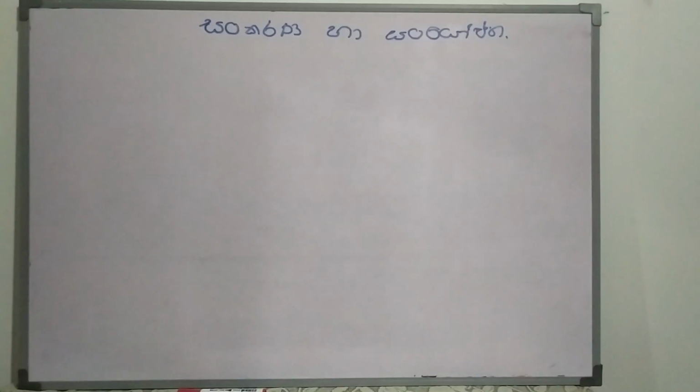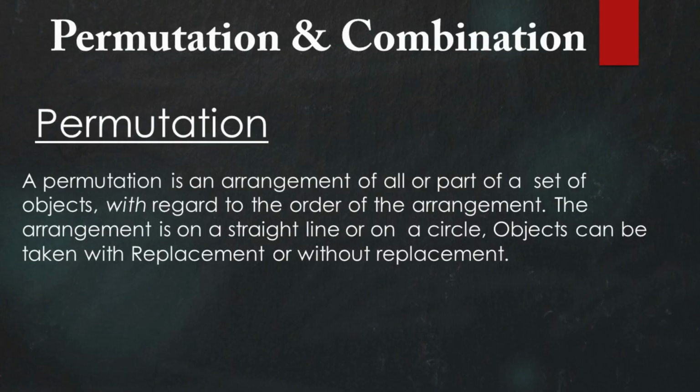And in this first video I'm presenting permutation. On the screen you can see the definition of permutation: a permutation is an arrangement of all or part of a set of objects with regards to the order of the arrangement.